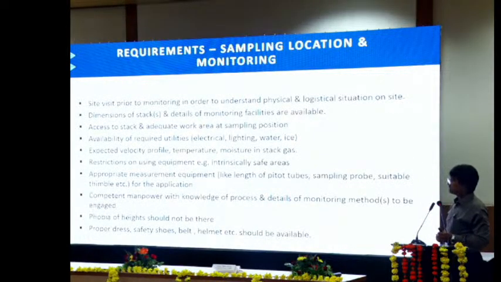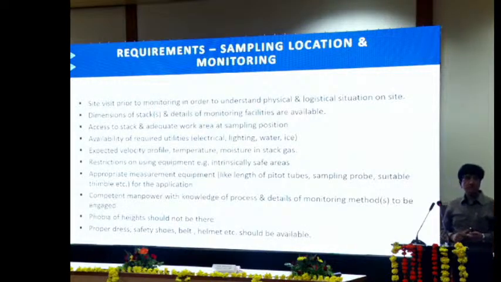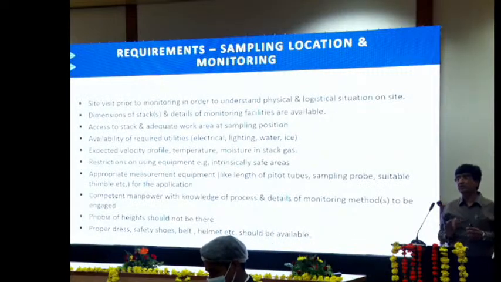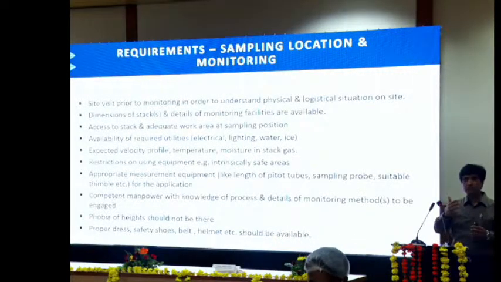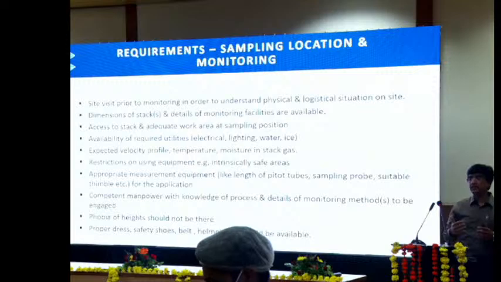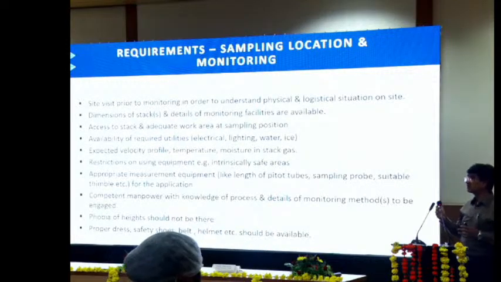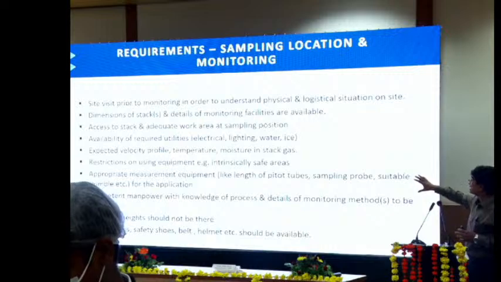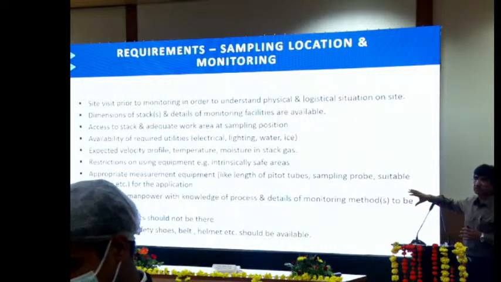Expected velocity profile, temperature, moisture in the stack gas. Now this is something probably may not be available with you, but most of the people who are performing this particular test in the process, this data is available with the control room. So don't think that you need to collect it yourself, you need to collect the data from the control room also, from the people in the process, to basically know the particular profile of the temperature.